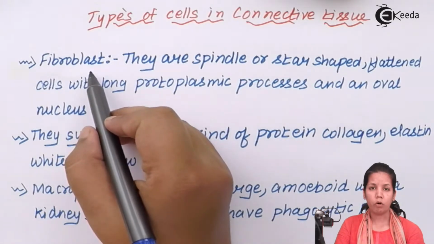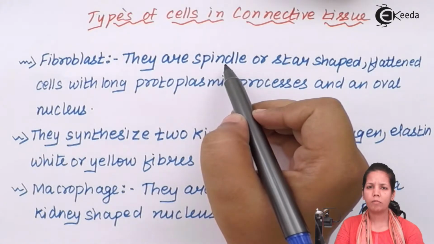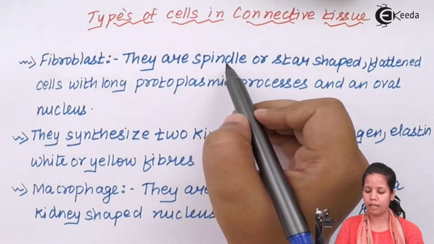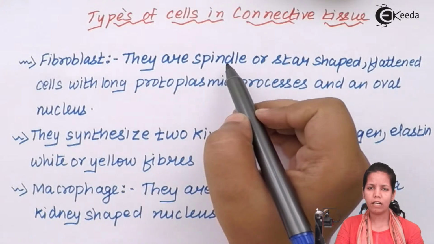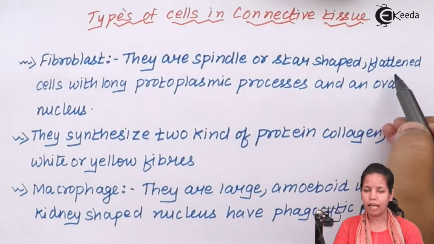Your fibroblasts are nothing but spindle-shaped cells, and these spindle-shaped cells are concavely arranged. When they are arranged in a collective manner, they are always star-shaped and flattened, especially at the periphery or at the corners.